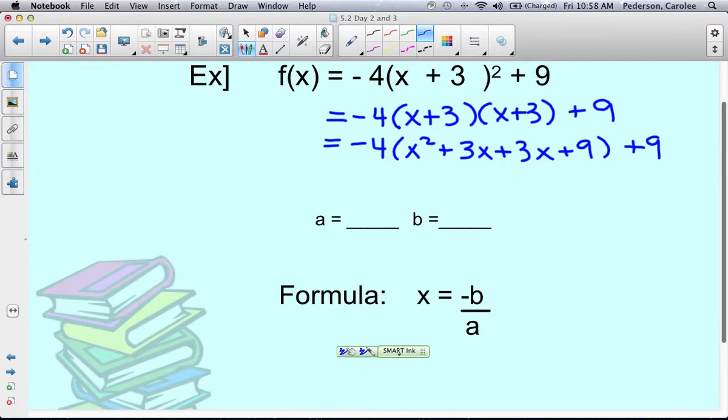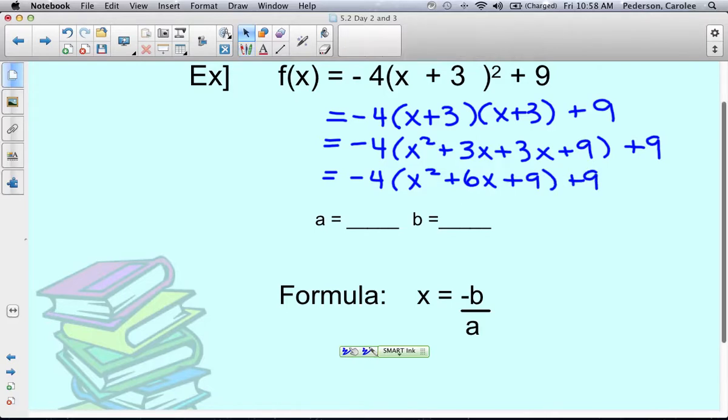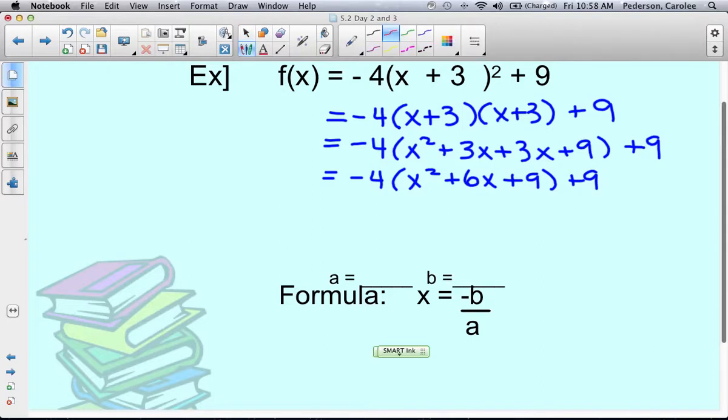I'm going to combine like terms. And now let's distribute the negative 4 to all 3 terms.